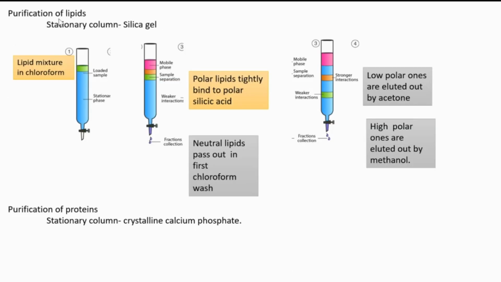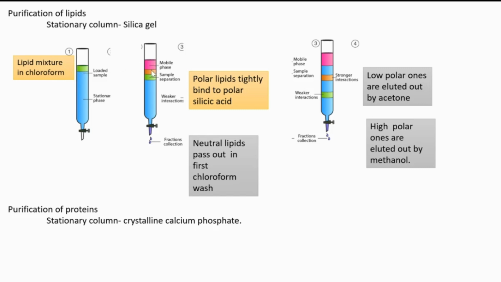We are taking some examples this time. First, the purification of lipids, then the purification of proteins. First we take the case of lipids. For purifying lipids, we take the stationary phase composed of silica gel. We fill the column with the silica gel. Over this, we pour the mixture to be separated mixed in chloroform, which acts as the mobile phase.